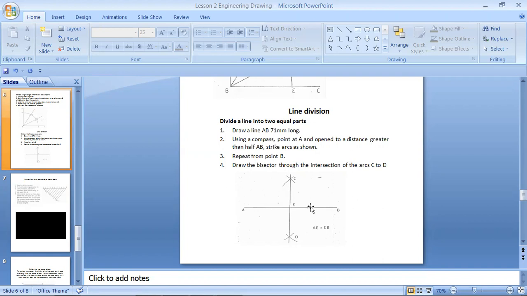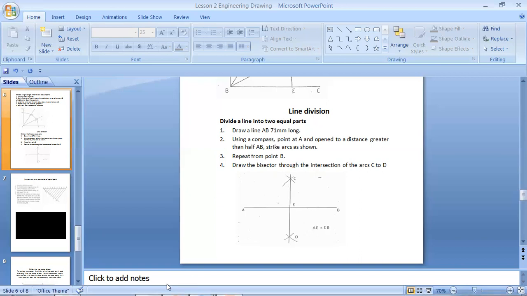When the compass is open greater than the half of the line, standing in A, you're going to mark the arc here, and then you're gonna mark an arc here. Then you switch your compass from A to B with the same size it is open, and you intersect the first arc and intersect the second arc. Then use a ruler and a straight line and connect the two intersections of the arcs, and the horizontal line will be divided in two equal parts.